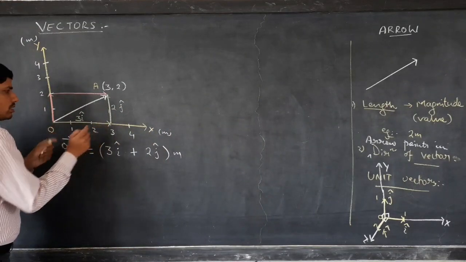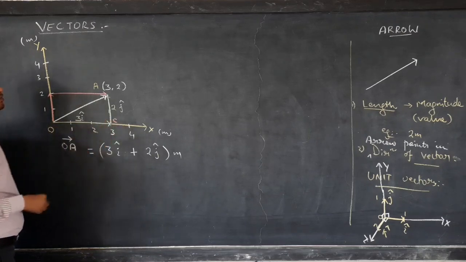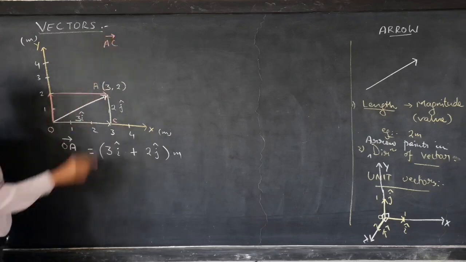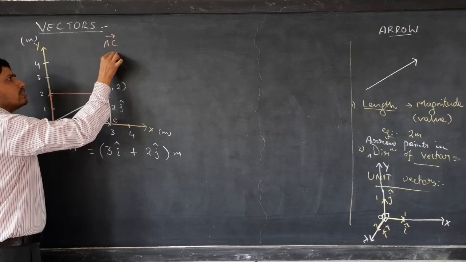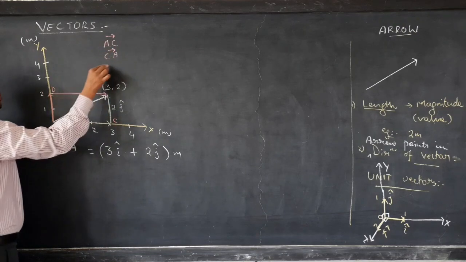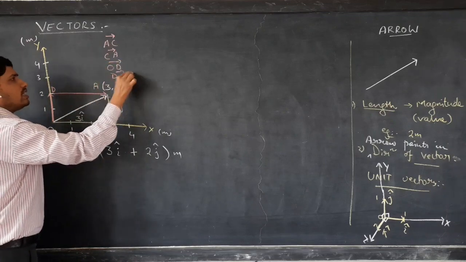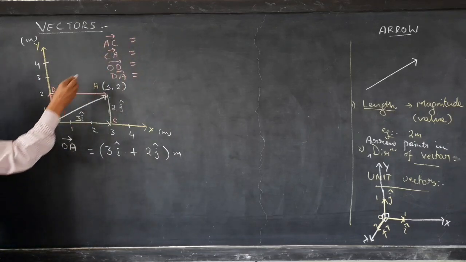If you see this particular vector, let me name this as C. A to C is also a vector. This is also a vector. C to A is also a vector. Let me name this as D. OD is also a vector and DA is also a vector. Let us try to write these vectors. So you can easily write them.